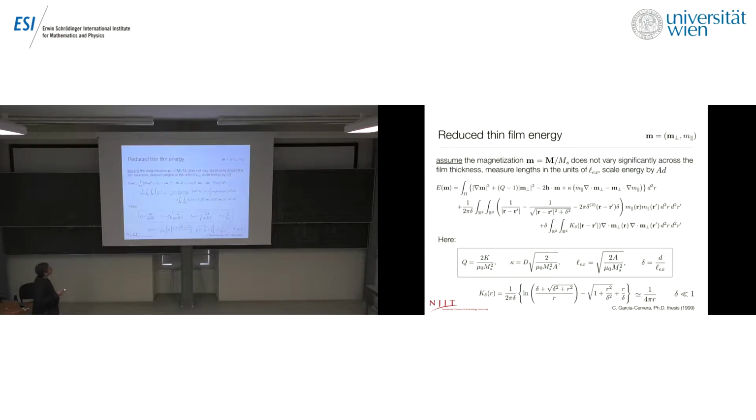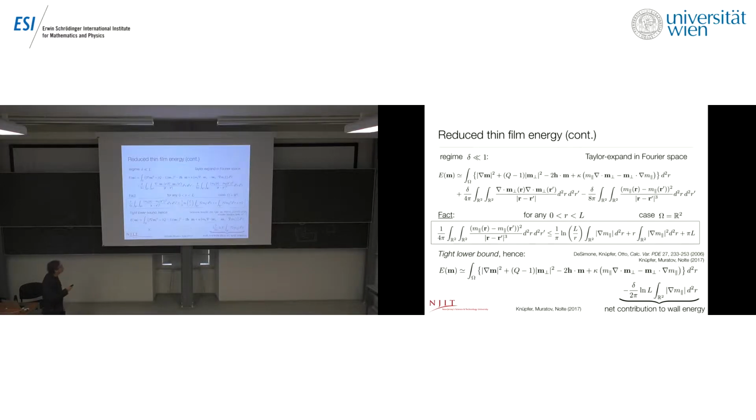This is an exact expression valid for any delta. Delta is the dimensionless film thickness, and we have these dimensionless parameters that appear here. And there appears to be a kernel here that is essentially a Coulombic kernel.